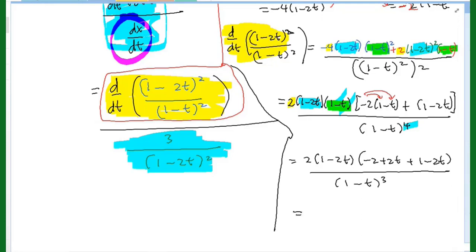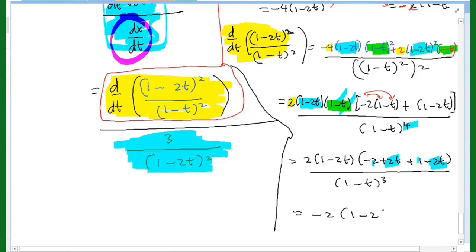And then this cancels. Okay, this becomes negative 1. So, negative 1 times 2, negative 2, 1 minus 2t over 1 minus t cube. Are you all still okay? Done. So, transfer to here.